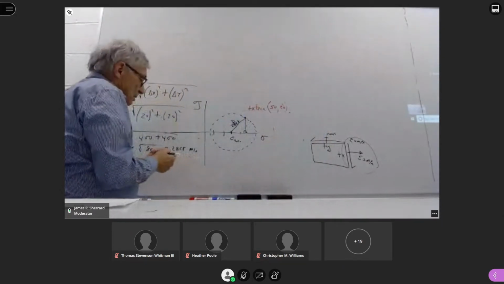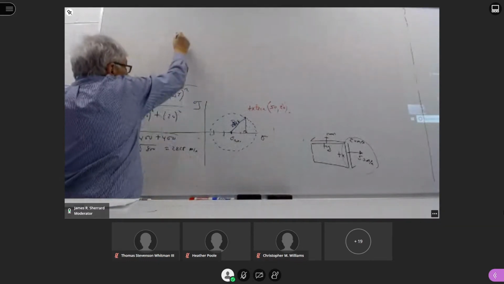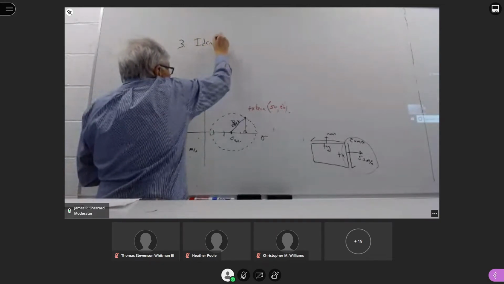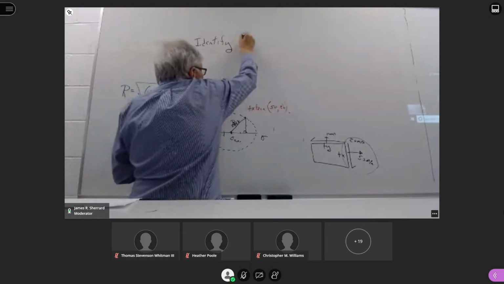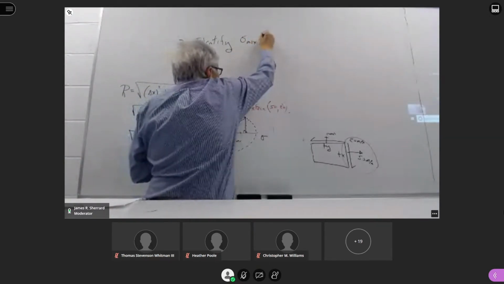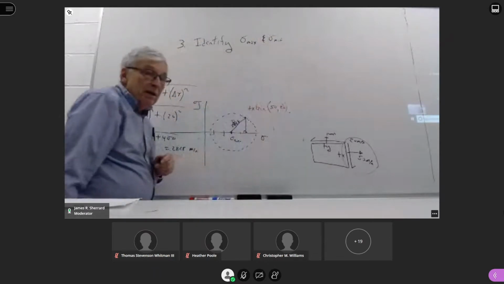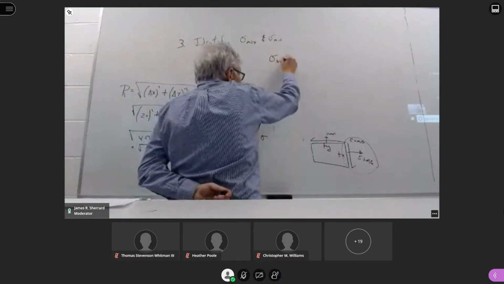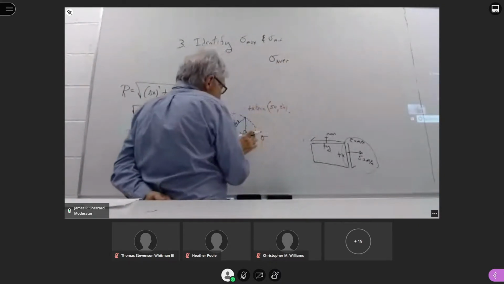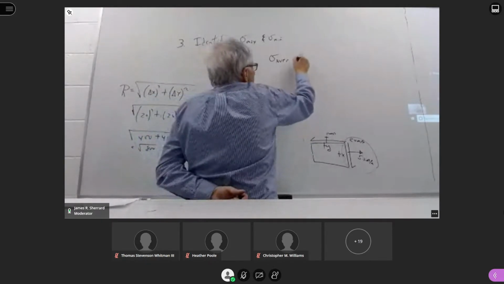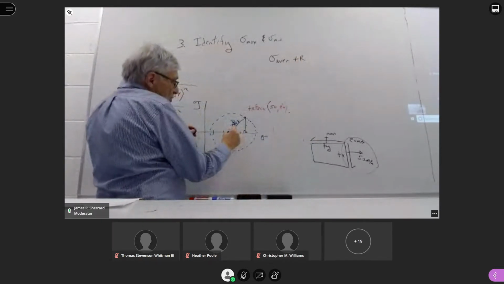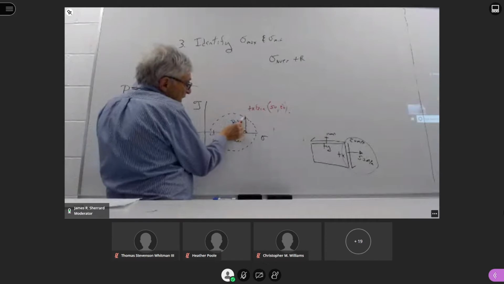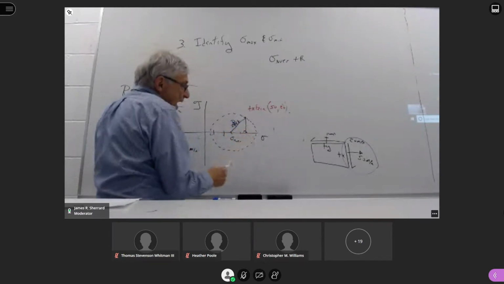So, for the next thing I'm going to do, I'm going to identify sigma max and sigma min. How would I do that? I would take my average value, and add to it R, because I'm going to swing this radius down to the sigma axis.